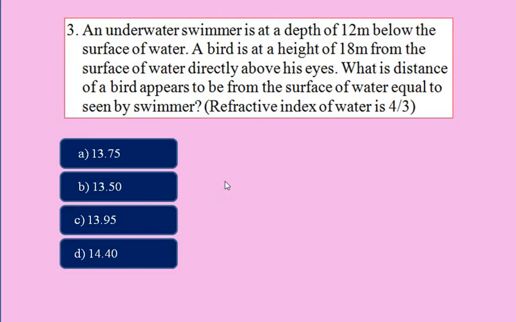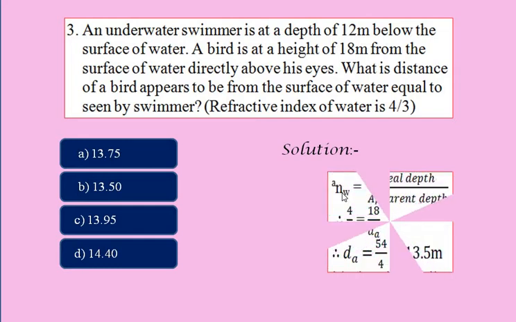And the answer is, here we are given the real depth, that is, the bird is at a height of 18 meter from the surface of water. This is the real depth and we have to calculate the apparent depth. It is given by the relation refractive index of water with respect to air is equal to real depth divided by apparent depth.